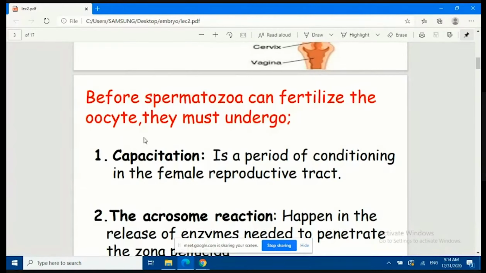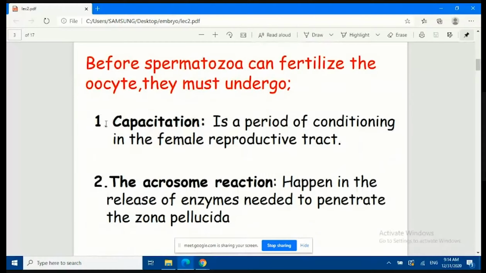What are the steps the sperm needs in order to fertilize an oocyte? First of all, capacitation. The sperm needs two steps or processes so that it can penetrate the egg. The first process we call capacitation.